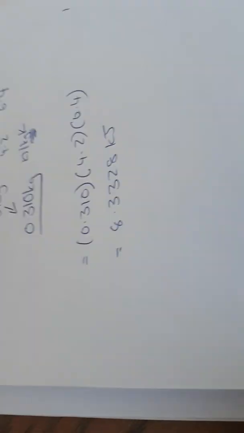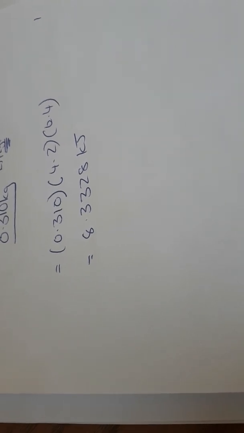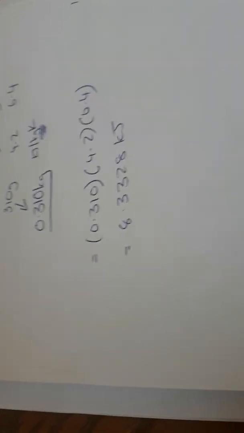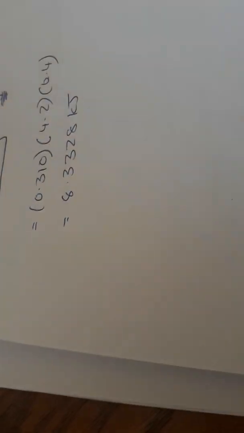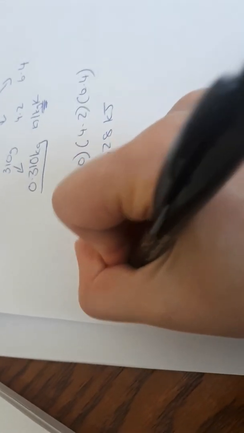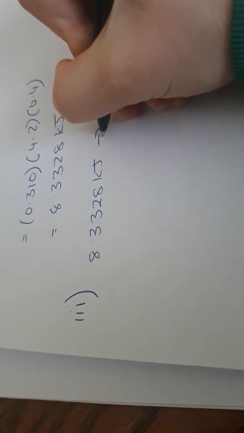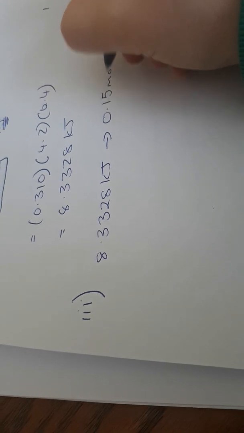kilojoules. Now, when we're looking at heat of neutralization, remember it's always heat produced in kilojoules per mole. So that's my next step. In the question, we're asked the heat produced, so that's the answer to part 2. And then for part 3, we're asked to 1 decimal place the heat of reaction. So I know 8.3328 kilojoules is produced, but that is only produced in 0.15 moles.